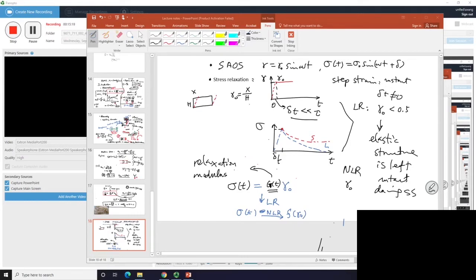So for that part, follow my lecture here, which is much better. But generally, subsequently, I did start to reintroduce G(t) as the discussion of stress relaxation, around equation 14, which has this expression.